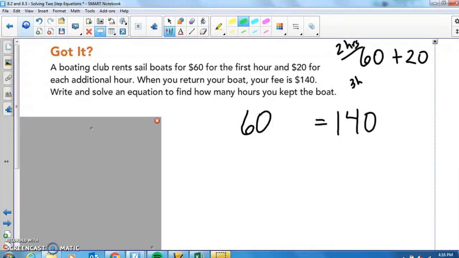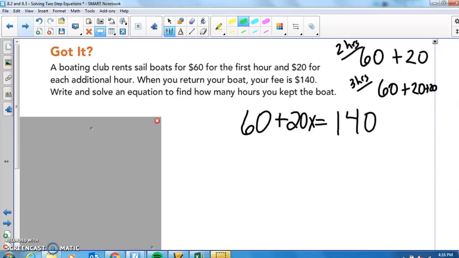For 3 hours, it's going to be $60 plus $20 for the second hour, $20 for the next hour. So we don't know how many hours we rented it, so if it's $20 for each additional hour, that would be 20 times however many hours we rent it for. So it's 60 plus 20 times x, because x is going to represent how many hours.